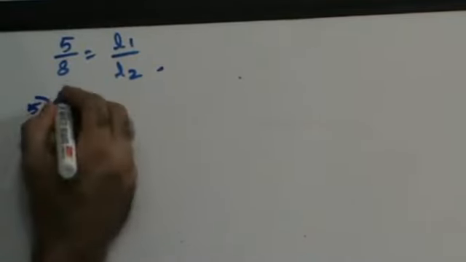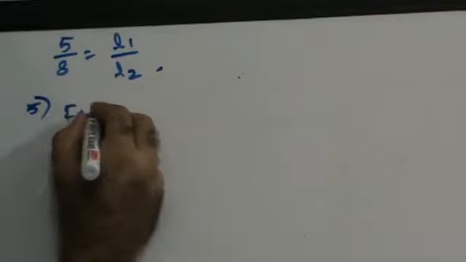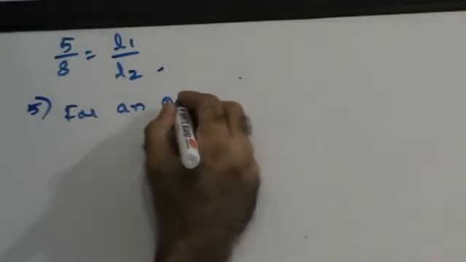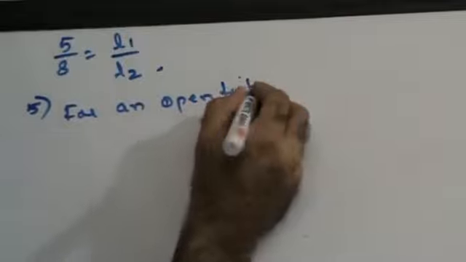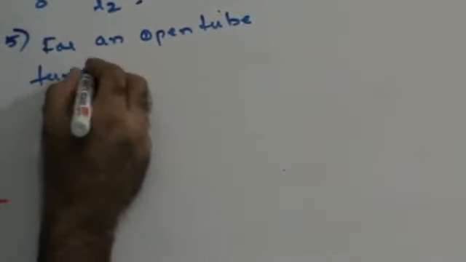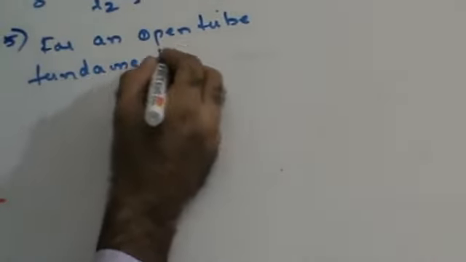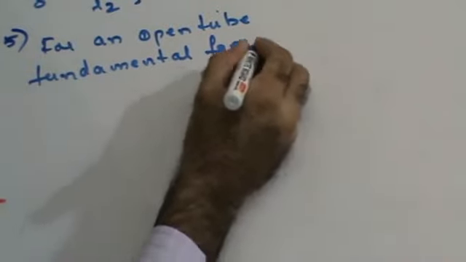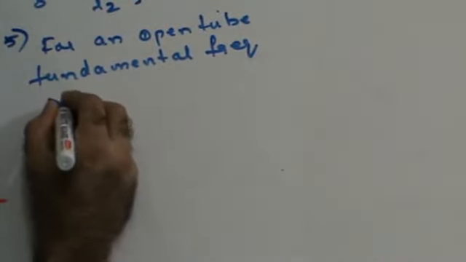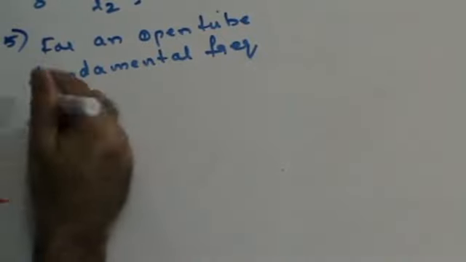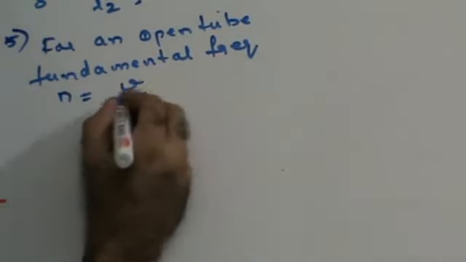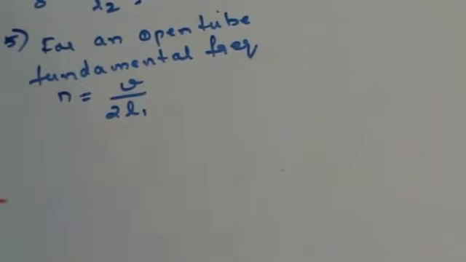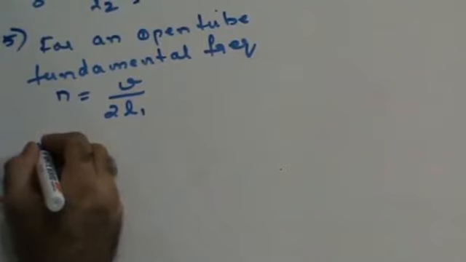Now, I can say that for an open tube, the fundamental frequency N1 is given by the formula V upon 2L1. Right? Now they are saying for which overtone? First overtone.